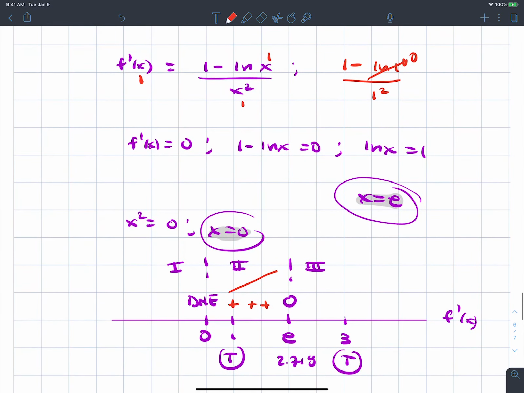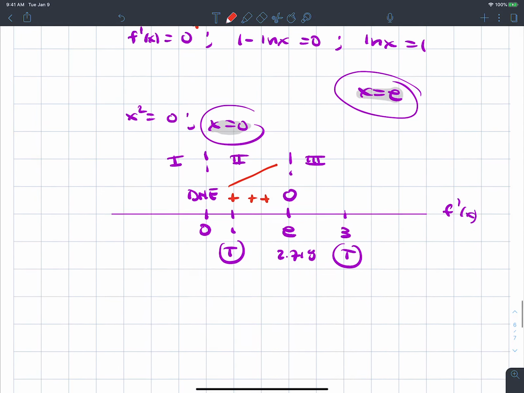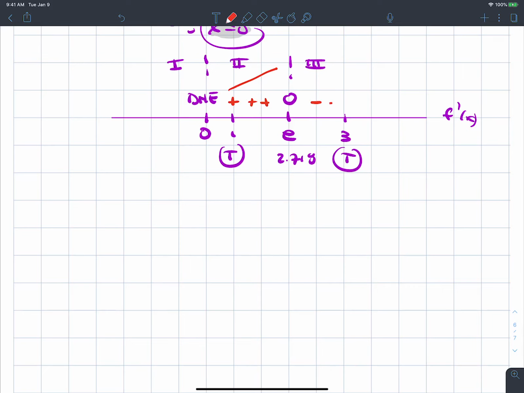If I test 3 now, and I plug in 3 here, and this is now 3 squared, so I get 1 minus the natural log of 3 over 9. Now, 1 minus the natural log of 3, that number is negative. So this portion will be negative here.